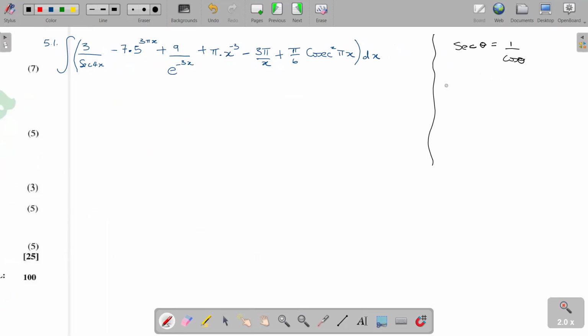So 3 divided by sec 4x can be written as 3 divided by 1 over cos 4x. Simplifying that gives us 3 multiplied by cos 4x divided by 1, so eventually we have 3 cos 4x.